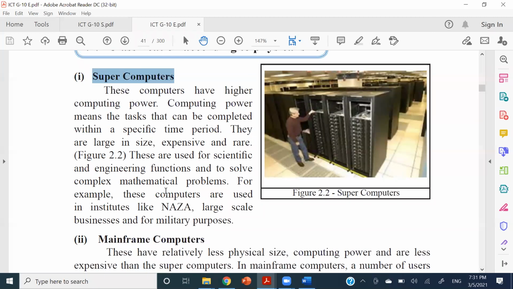Yeah, let's take it like this. The first point is the very first sentence. These computers have higher computing power. That's the first point.